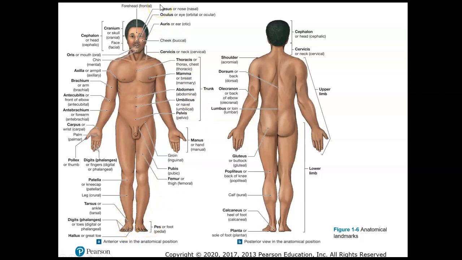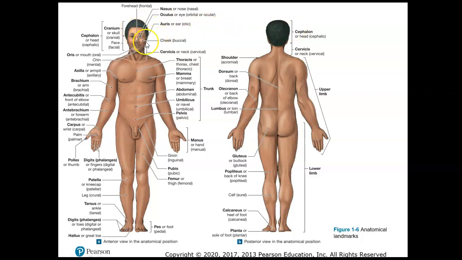Going up to the top again on the right side of the page, but the left side of the figure, we have the nose, which is the nasus or nasal region, the eye, which is the oculus, and you can call that the orbital or ocular region. The ear is the oris or the otic region.